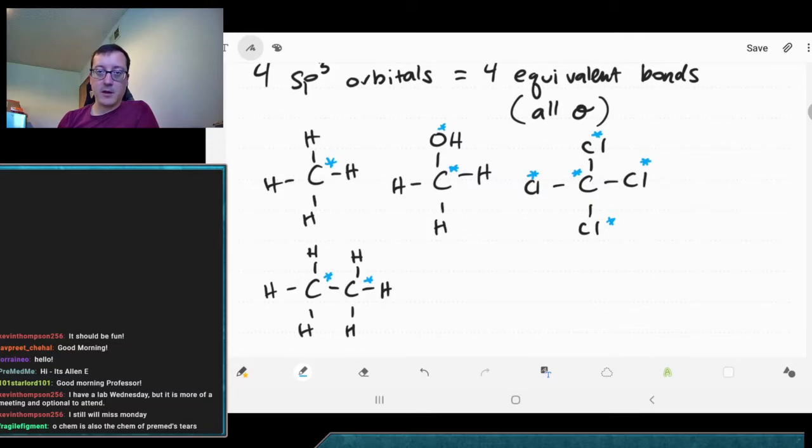Hydrogen cannot be, right? Hydrogen does not have p orbitals. It only has s orbitals, and it only has one electron. So hydrogen is only ever going to have just s. But all of these atoms that I've starred here are sp3 hybridized.